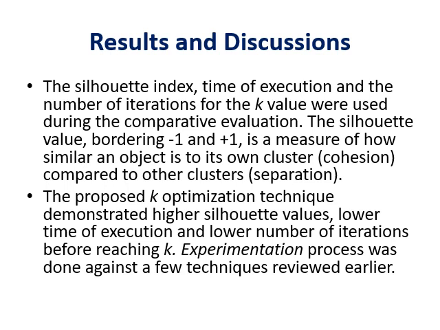The proposed K optimization technique demonstrated higher Silhouette values, which means the clustering is better. Lower execution time and fewer iterations mean this model was more efficient. We did this compared to a few techniques because we didn't have time to test it with all the others.